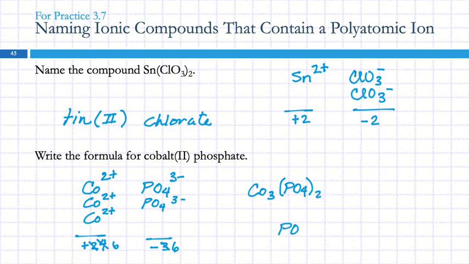Because if we wrote PO42, that would be 42 oxygens, right? That's ridiculous. That's not what we mean. So we need the parentheses to be clear that we're talking about a multiple of this polyatomic ion.